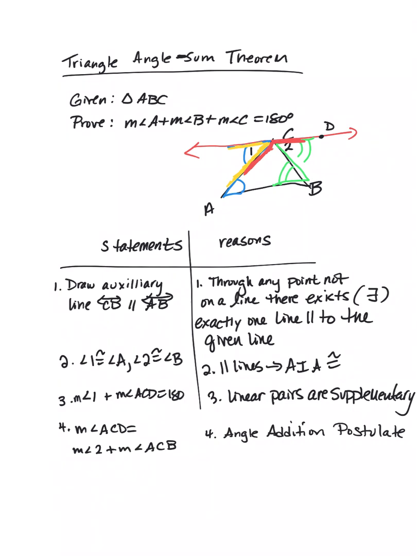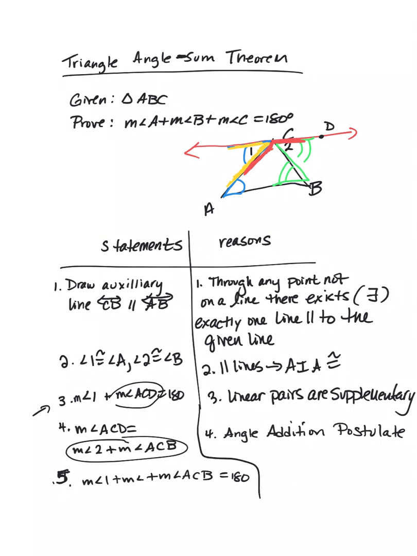So what we can do is we can go back to line 3 and we can just replace ACD with this sum. Sorry, this is line 5. I think I wrote a 4. So we have the measure of angle 1 plus the measure of angle 2 plus the measure of angle ACB must equal 180. That's just substitution, because we're replacing equals with equals.